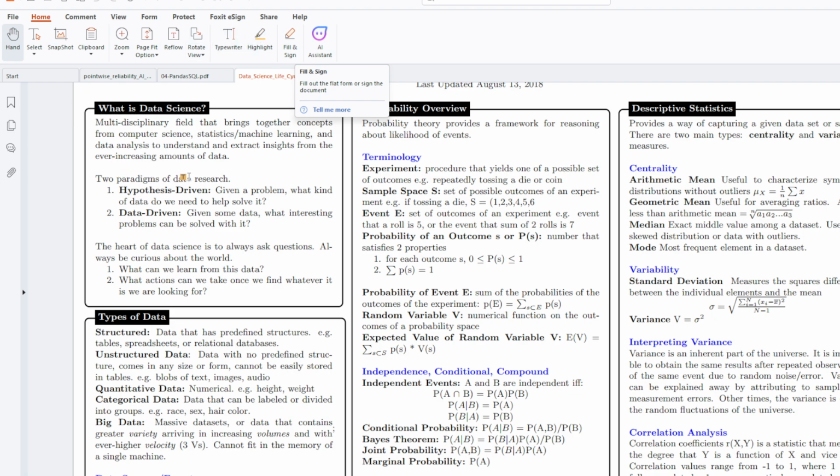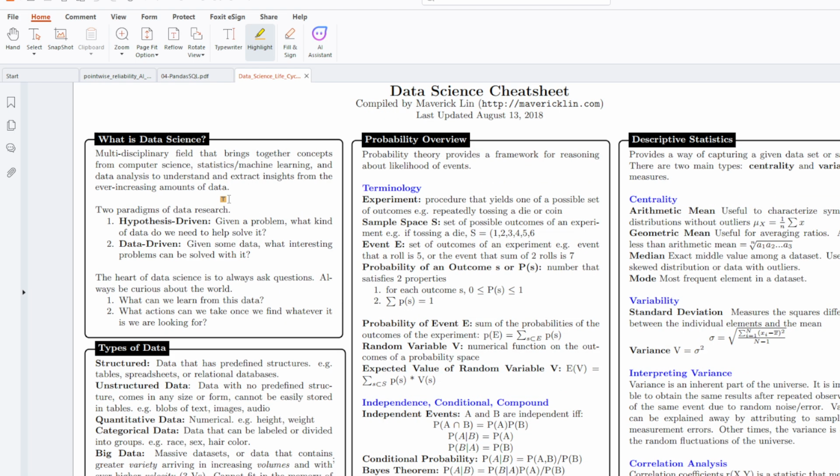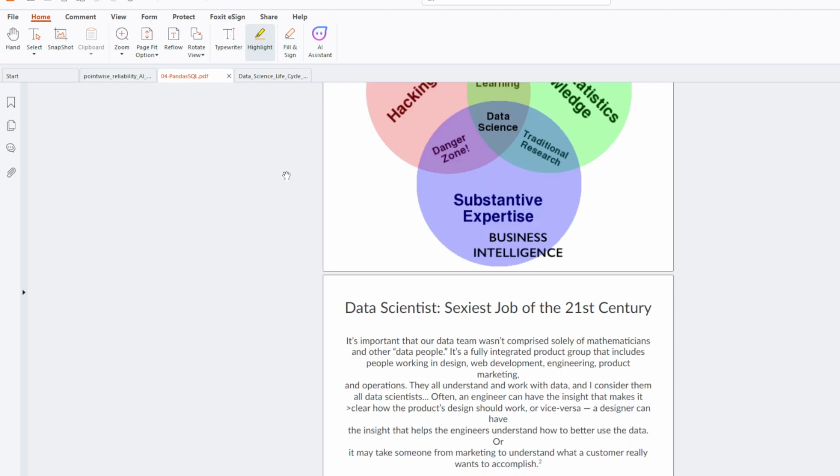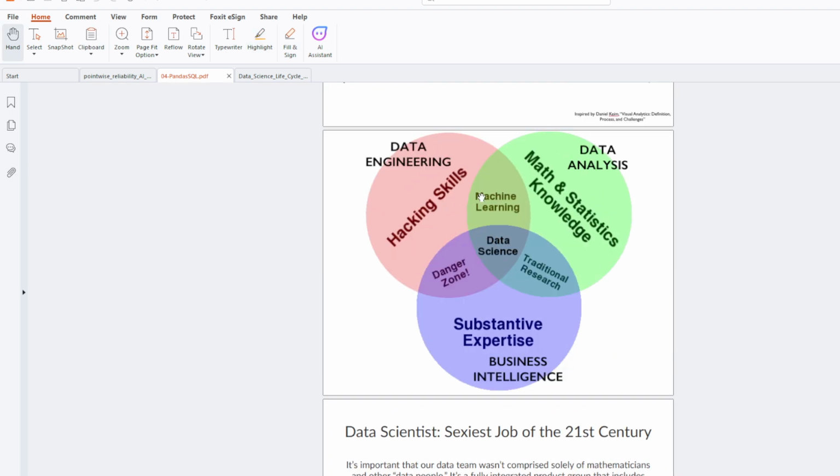Like we have already established in our previous studies, data science is a combination of several fields: the combination of mathematics and statistics, and also some computer science skills like hacking skills and data engineering. And then we also have the domain knowledge side of it.